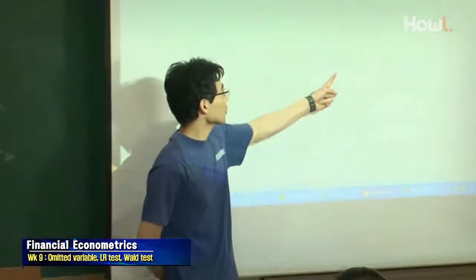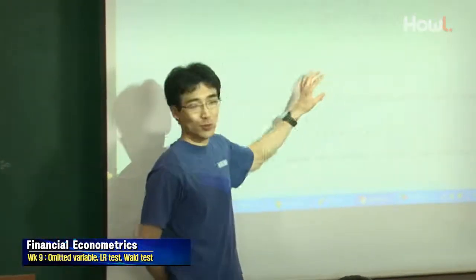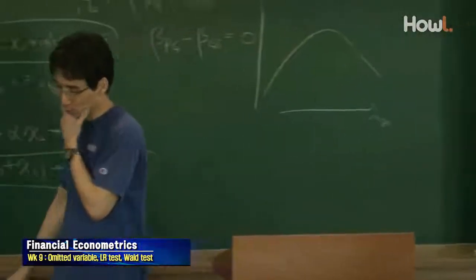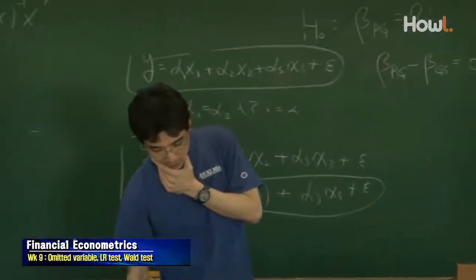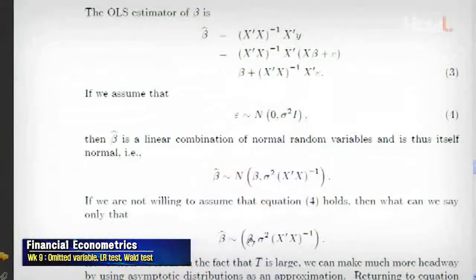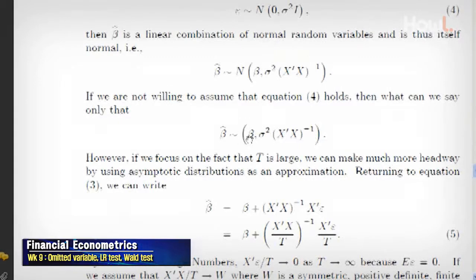But suppose we don't want to assume that epsilon is normally distributed. In that case, what can we say? That beta hat would have mean beta and a variance covariance matrix like this one, but we are not sure about its distribution, because we don't assume anything about the distribution of this thing.